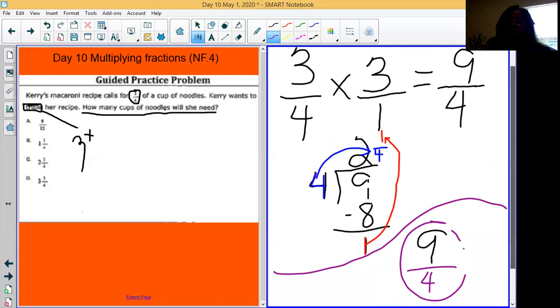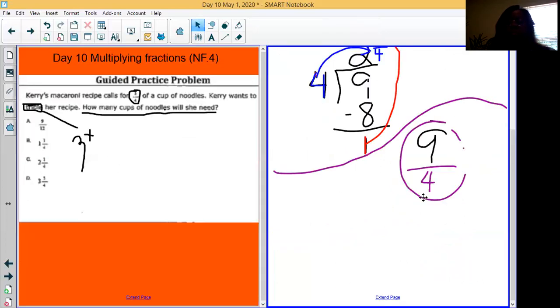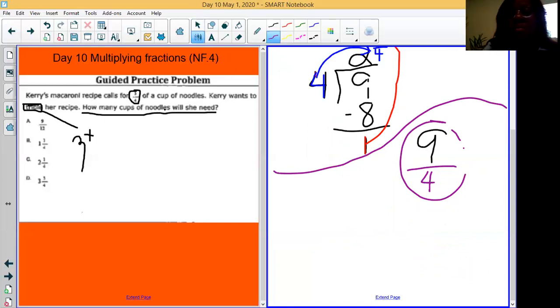Okay, so my second strategy to reduce 9/4 can be done using a number bond. Now, I know my denominator is 4 here. So within my number bond, everything has to have a 4. With the number bond, I just add across what I have.